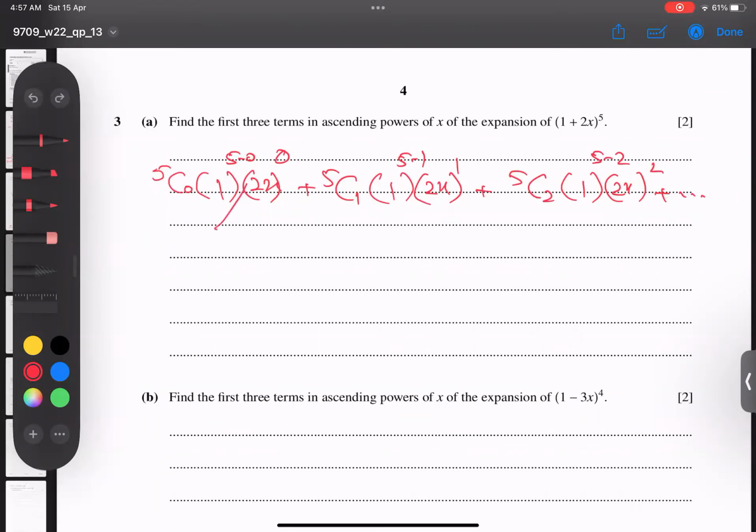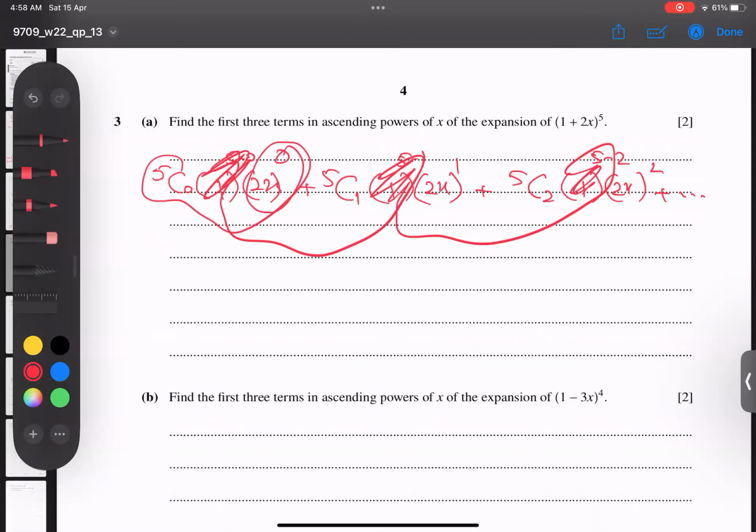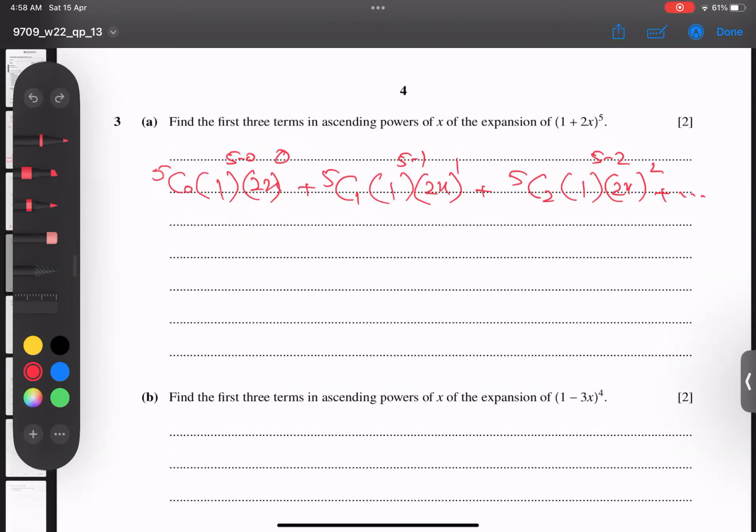But make sure 1 to power something is always 1. Whenever 1 comes in the first bracket, you can skip this working. Don't waste your time. Directly you write 5C0, (2x) to power 0, 5C1, (2x) to power 1. You can write this even for full marks, you will not lose marks. Anyway, 5C0 is 1, you can type it in the calculator.